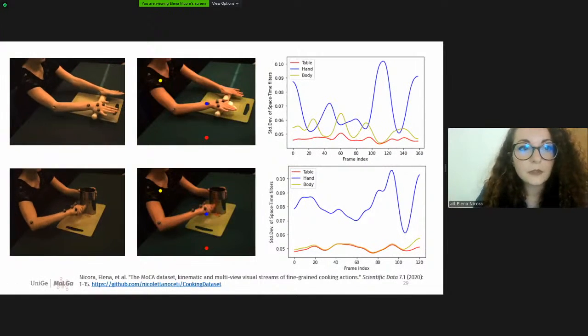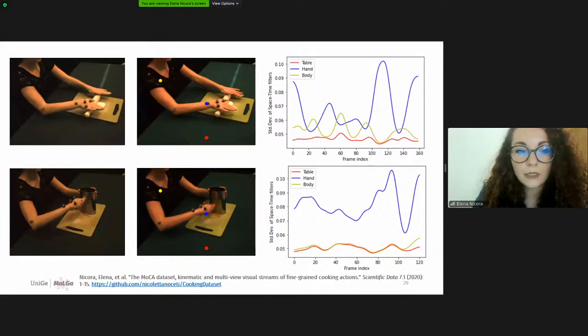One last example is on the MaLGa dataset, a dataset that we acquired in collaboration with IIT, and is mainly focusing on upper body fine-grained actions about cooking activities.